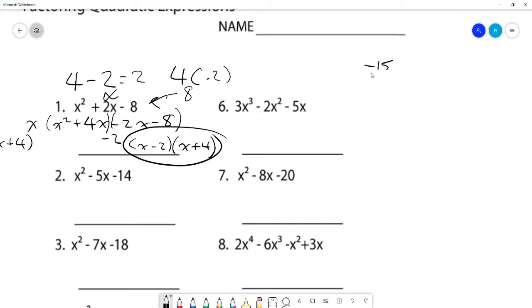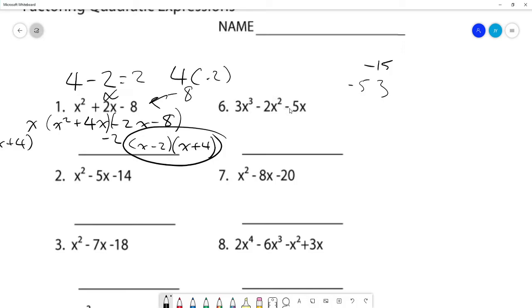So we know the terms for this. Let's see, 15 can have 5 and 3. Let's just see if that fits together. Remember, the bigger term will have to be negative because added together it is negative. So that's going to be -5 plus 3, and that equals -2.